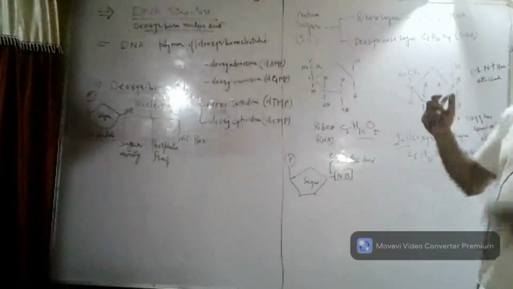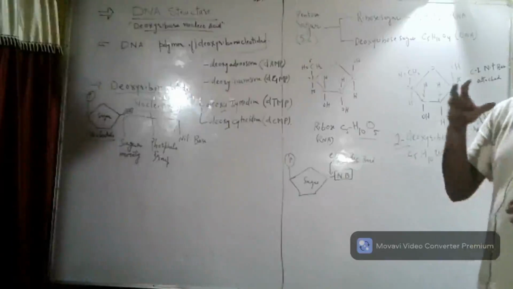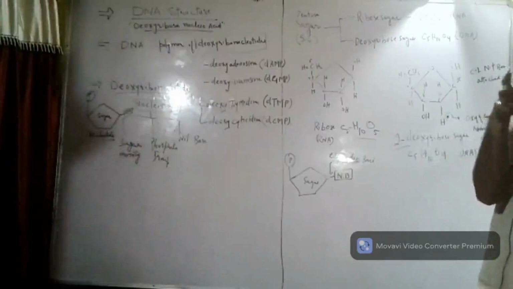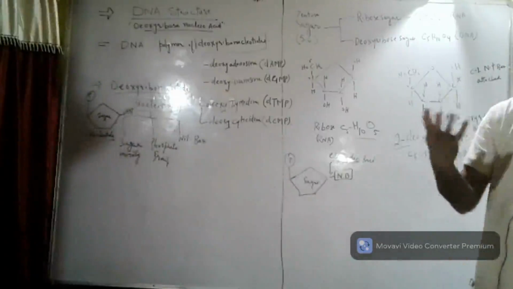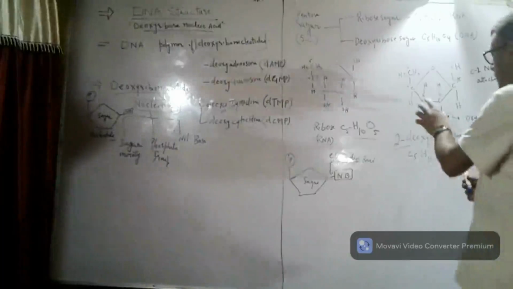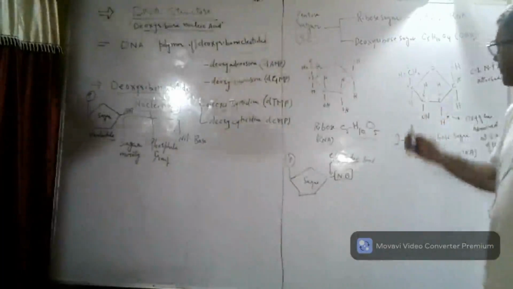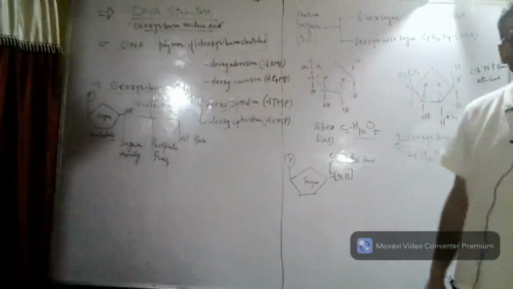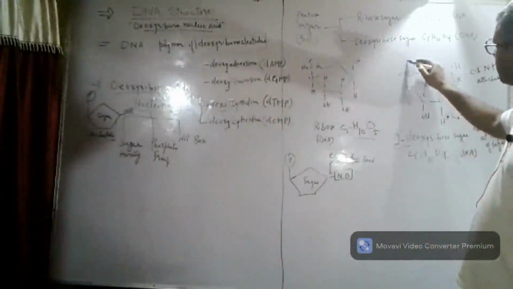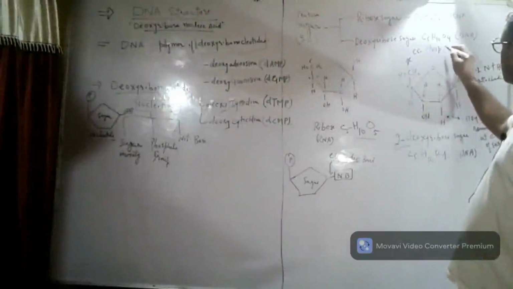Then we have some important sites, important positions. Carbon first of the sugar is important. Carbon third of the sugar is important because at the carbon third we have got hydroxyl group. Remember. And at the carbon fifth we have got phosphate group. This is carbon 5 of the sugar. Phosphate group is attached.